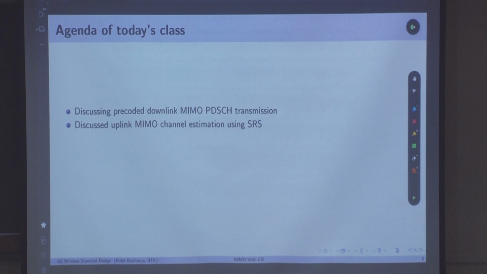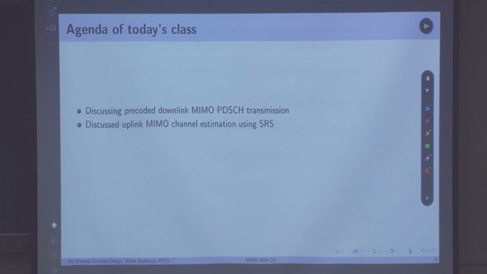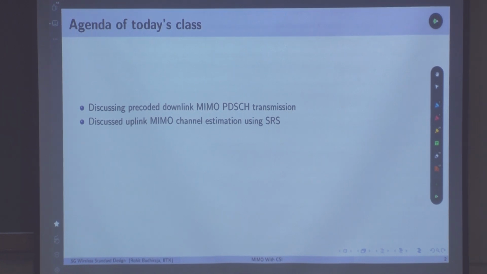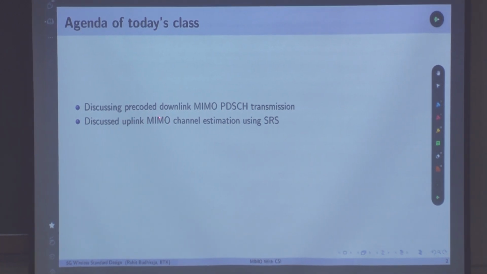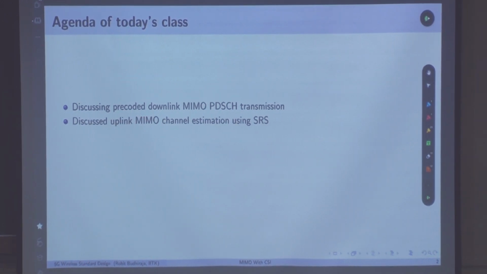Okay, welcome to the class. What we have been discussing is precoded downlink MIMO PDSCH transmission with multiple layers. We remember what layers are. The first step towards implementing MIMO PDSCH is to estimate the downlink MIMO channel.